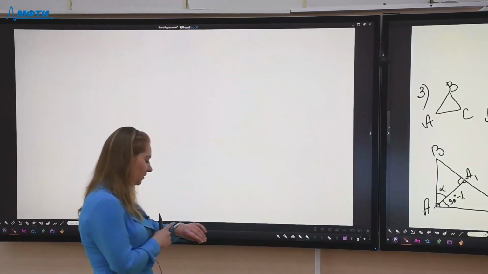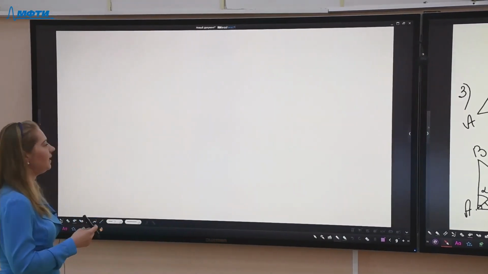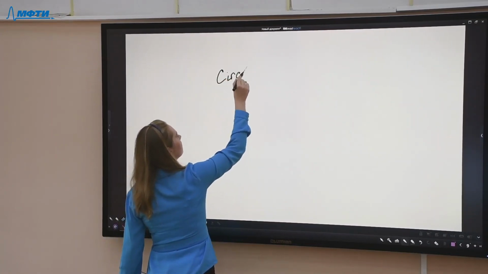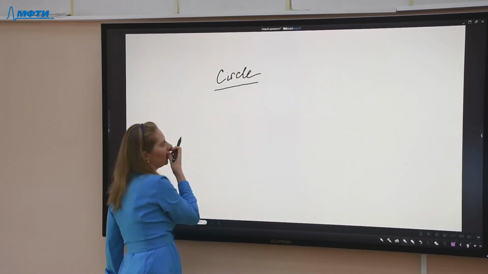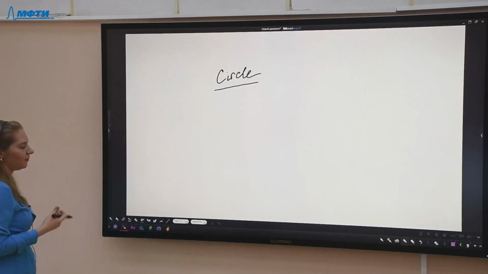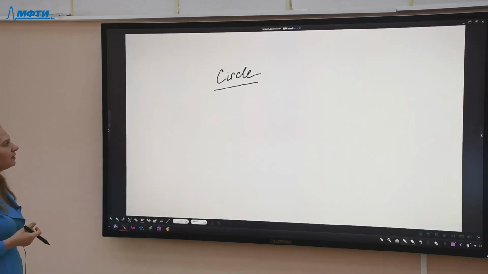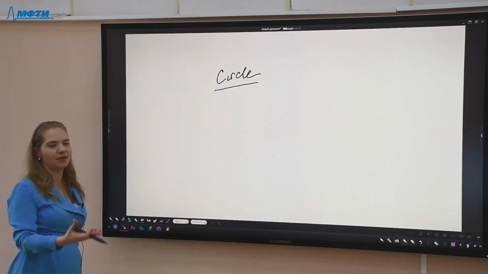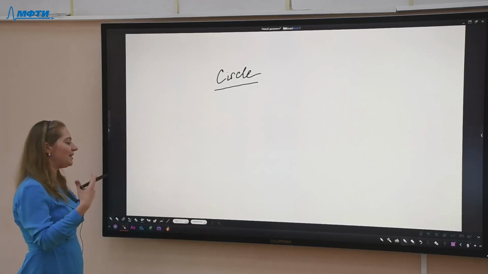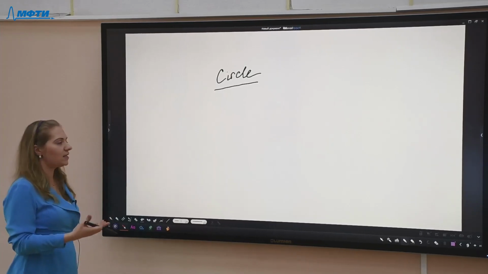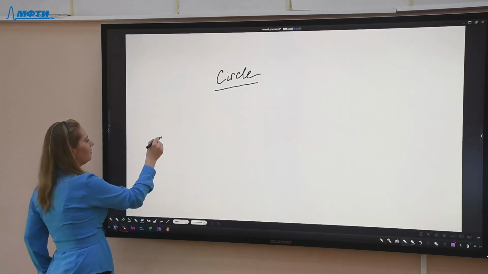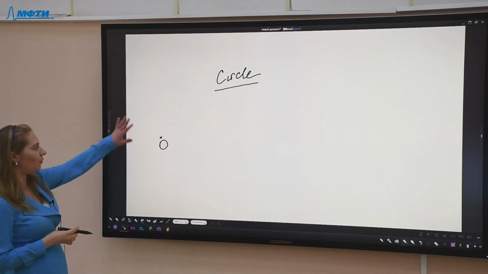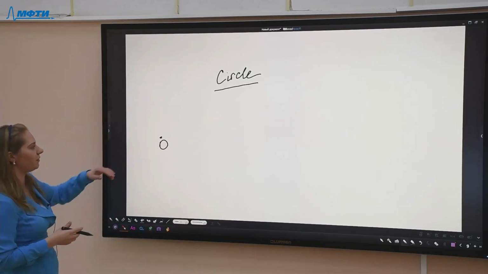Well, and the final topic for today is a circle. What is a circle? A circle is all points which are equidistant from a point. So we can choose a point here on a plane, let it be O, and then we take all points which are equidistant from this point.